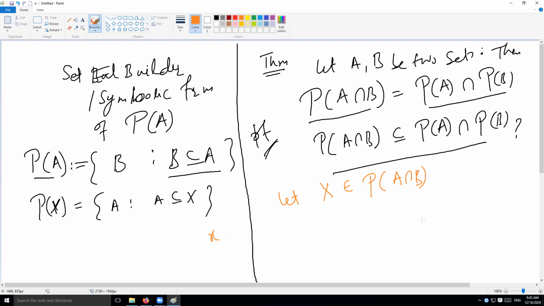All right. Because there are sets inside the power set, it's better to use this notation: X belongs to the power set of A intersection B. So if X belongs to the power set of A intersection B, what condition must it satisfy? What does this mean?